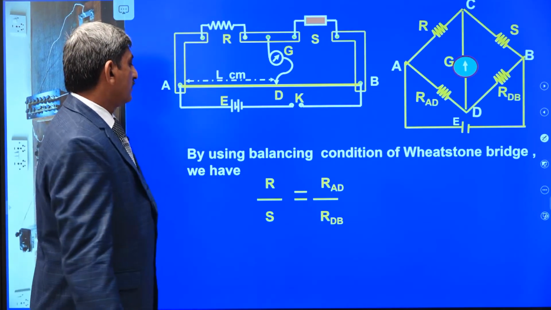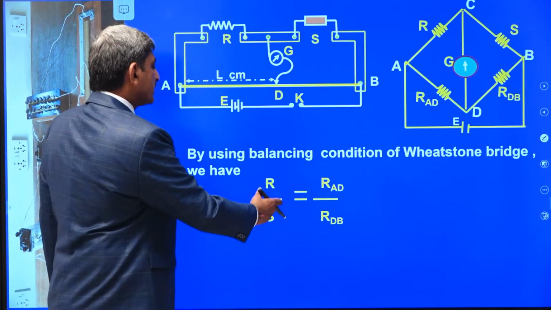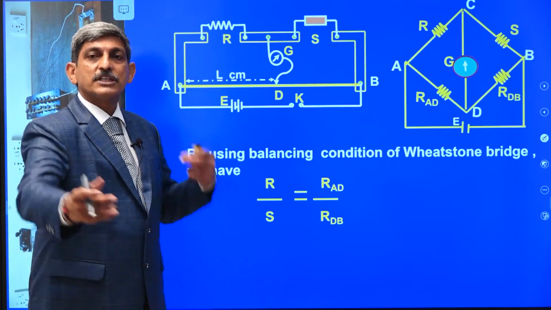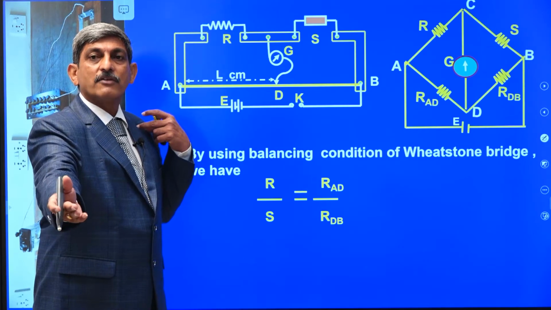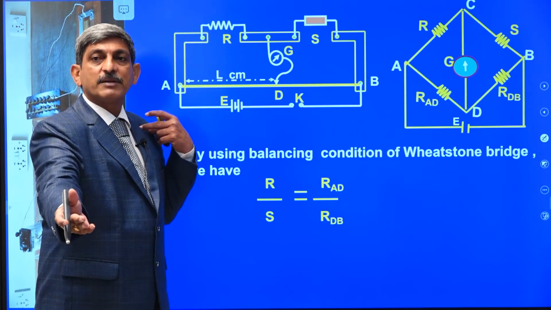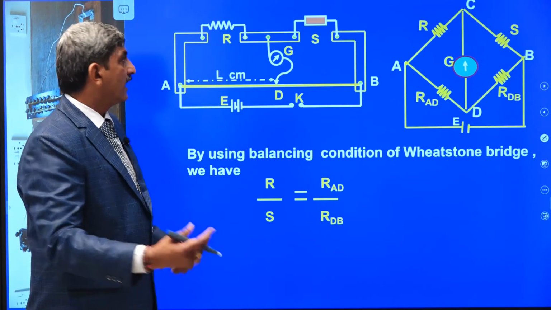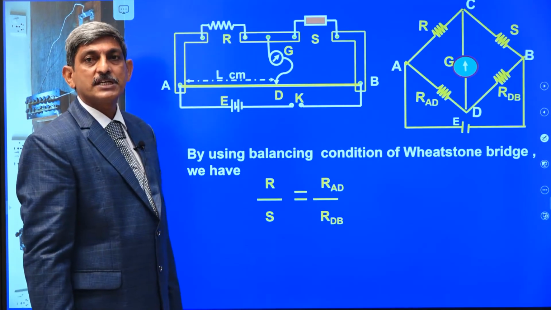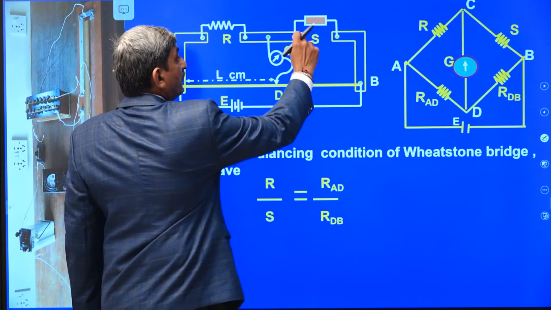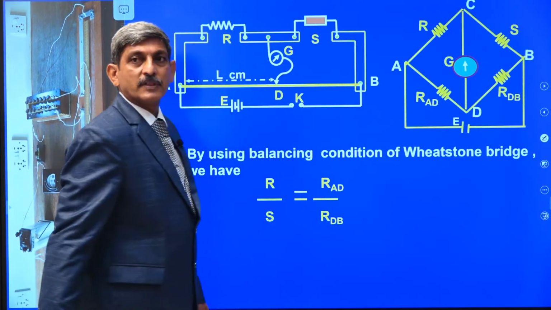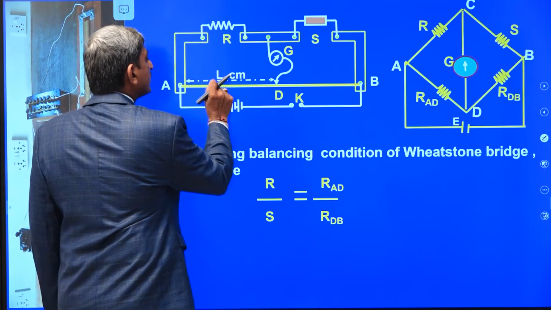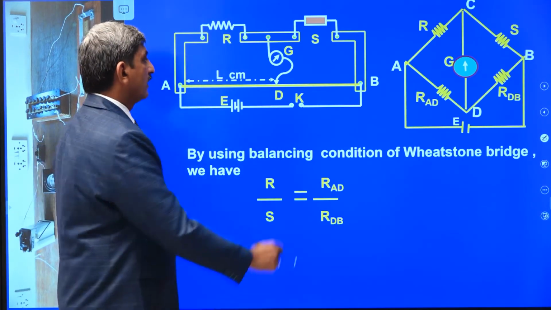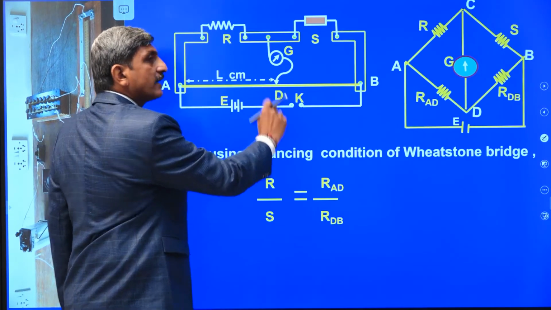Now, by using this, we can determine the unknown resistance. Suppose a long wire is given to you, and for that wire we want to determine the resistance value. Let us connect that wire in the position of unknown resistance R. Fix the S value. Let us move the position of the jockey until the galvanometer shows 0 deflection. It means observe the balancing point.